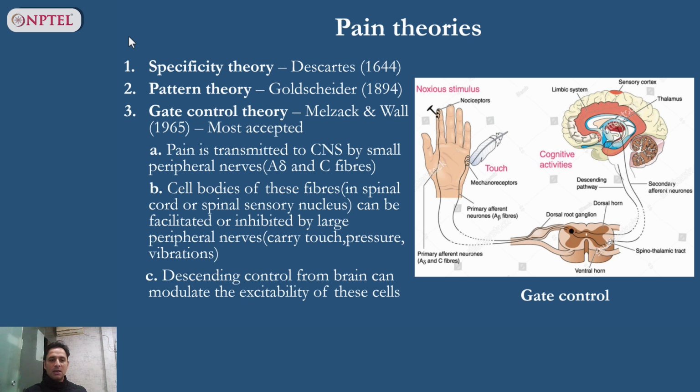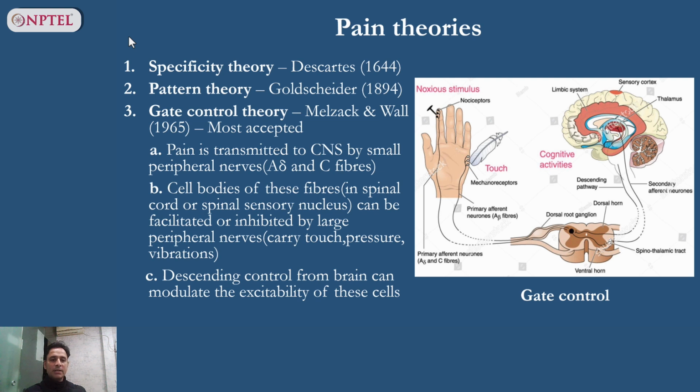Finally, the gate control theory was proposed by Melzack and Wall in 1965, and it is the most accepted theory. It has three components. Number one, pain is transmitted to the central nervous system by small peripheral nerves like A delta and C fibers, which we have discussed already. The cell bodies of these fibers are located within the spinal cord dorsal horn for the pain pathway in general, or the spinal sensory nucleus for the pain pathway of the trigeminal system.